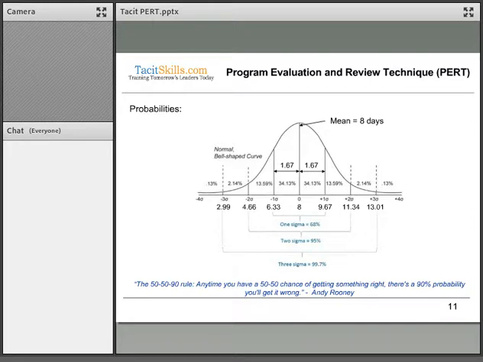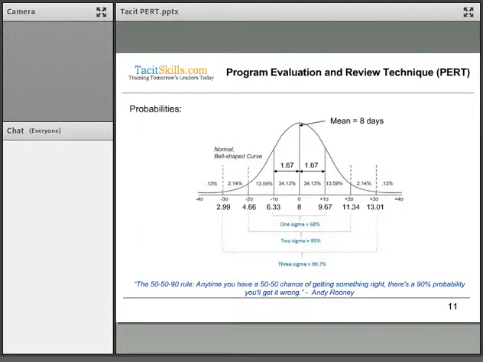If we keep going further, from the 6.33 we subtract another 1.67, which brings us to 4.66, and if we add another 1.67 to the 9.67 on the other side, that takes us to 11.34. So we can say that there is a 95% chance that we would complete the activity between 4.66 and 11.34 days.